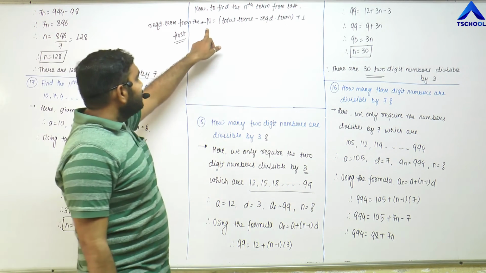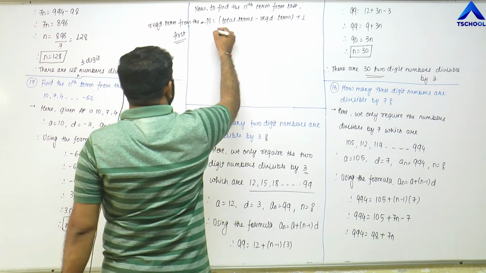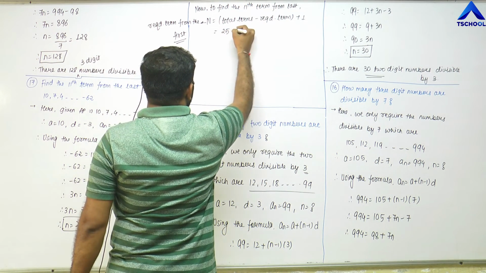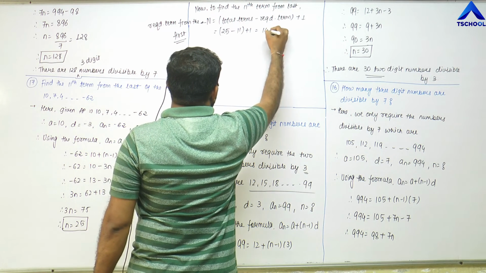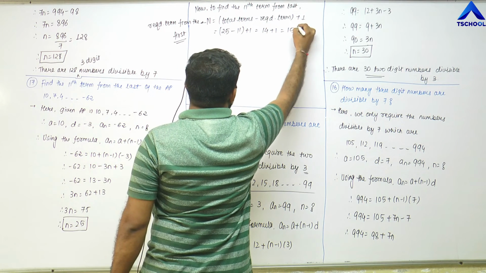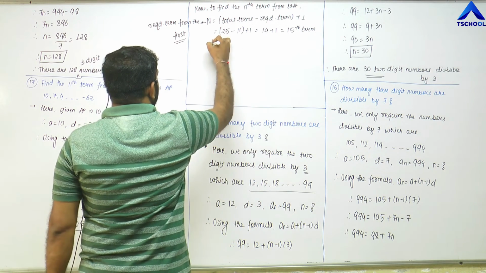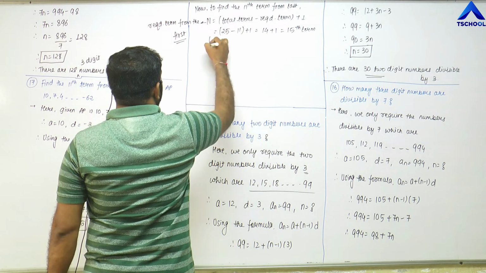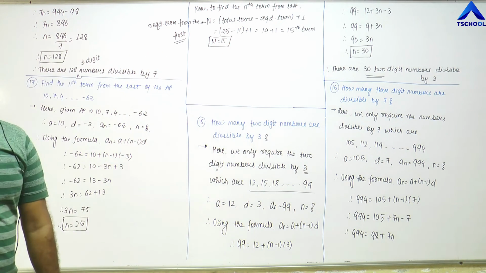For that we get n equals total terms minus required term plus 1. So total terms are 25 minus 11 plus 1, that is 14 plus 1, which equals the 15th term.